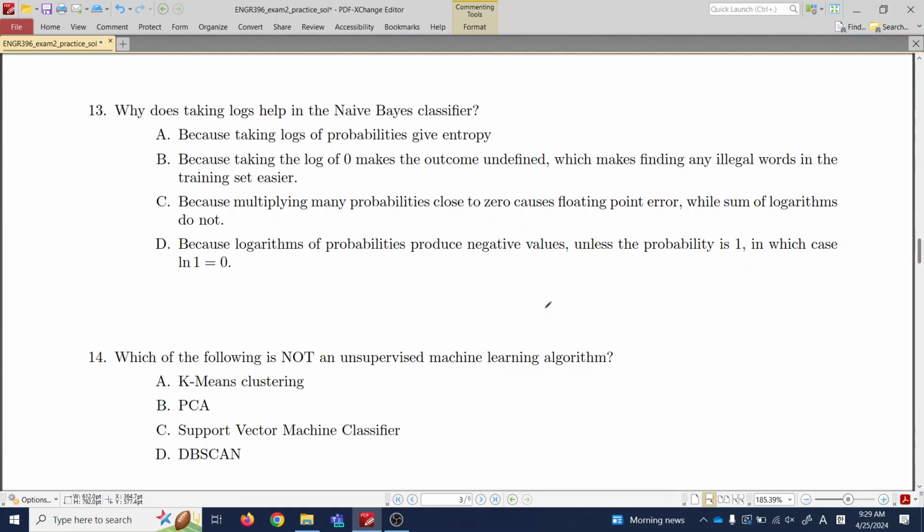So if you recall, how does the naive Bayes classifier work? Basically, it says if you see the word $1 million and inheritance in your email, that's a spam, right? So there's million conditional with spam, dollar conditional with spam, and inheritance conditional with spam.